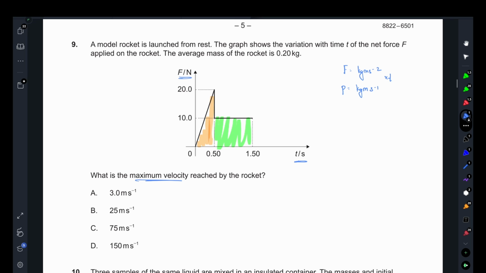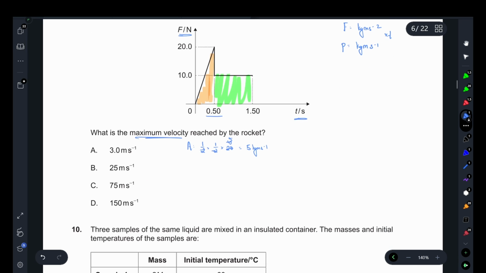So in part A, we have an area of half into 20 newtons, which is equal to 10 times 0.5, equal to 5 kilogram meter per second. Next, in area B, we just have a rectangle.